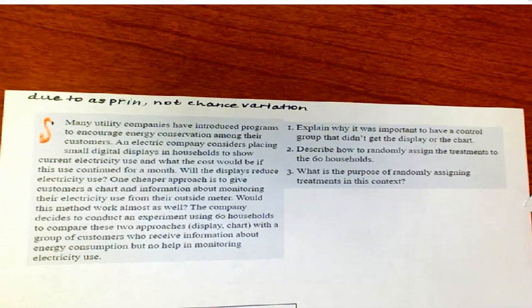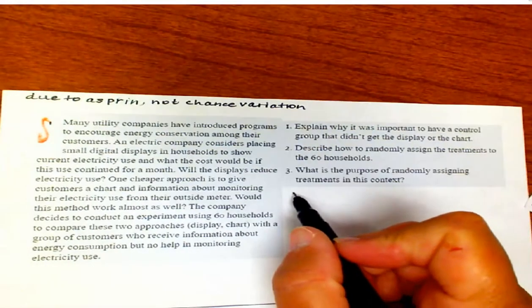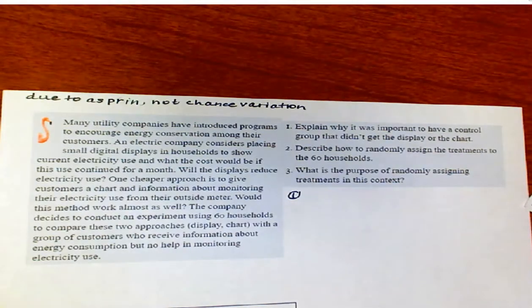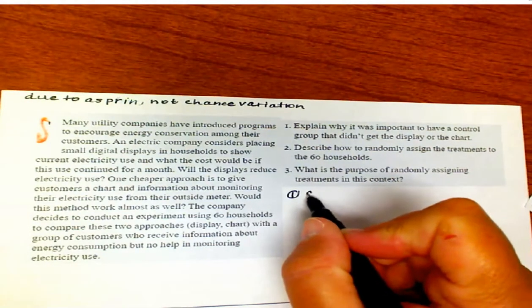Okay, so why would we want to have a control group? Let's think about that first. Really, you want to have a control group so you have a baseline to determine how much less electricity is used in each treatment group. That's basically going to be the explanation every time you have a control group. So let's write the control group.